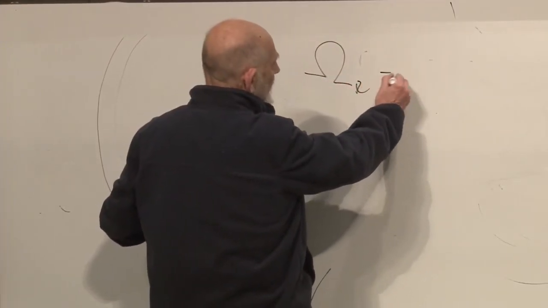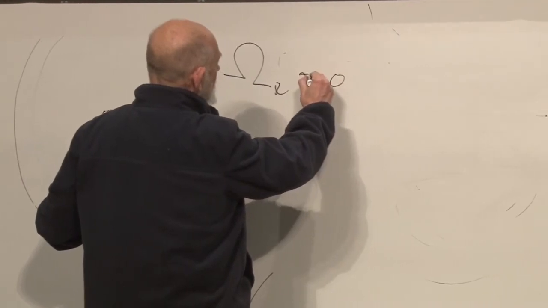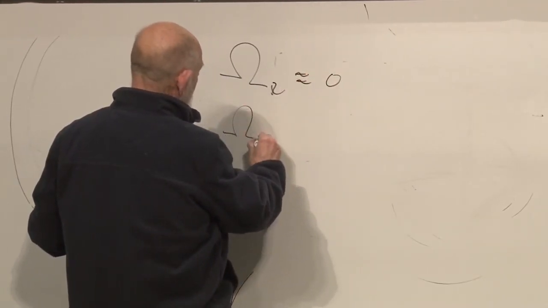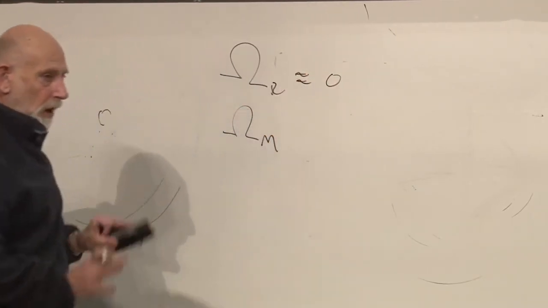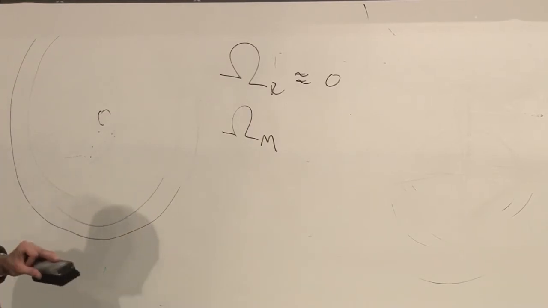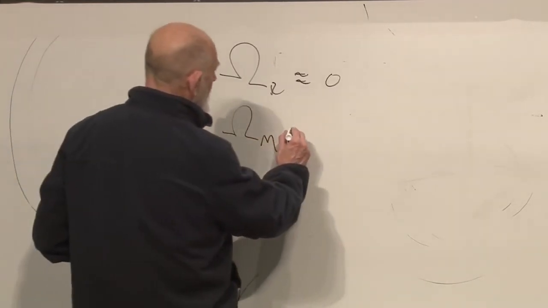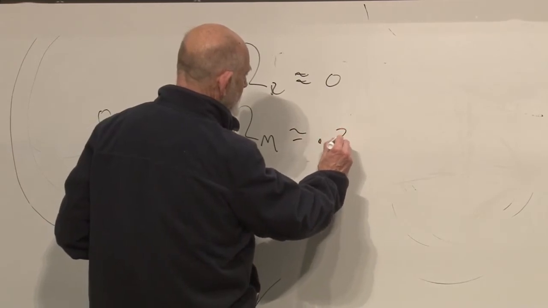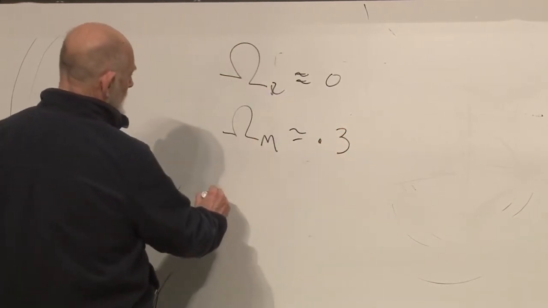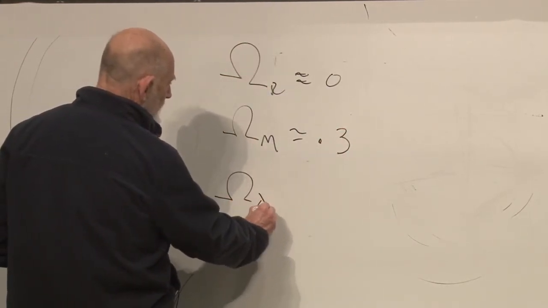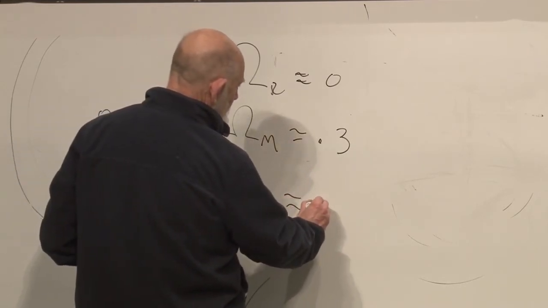omega radiation, again, essentially equal to 0. Omega matter, and this includes both dark matter and luminous matter, about 0.3. Omega lambda about 0.7.